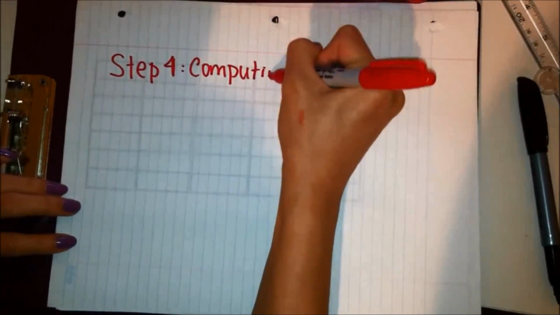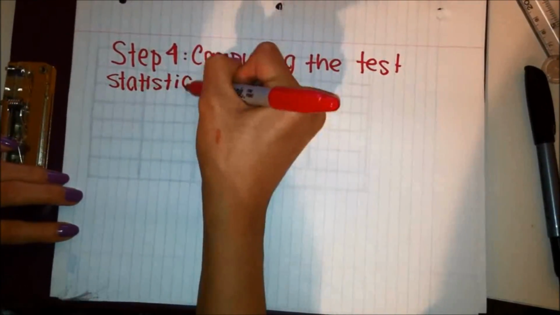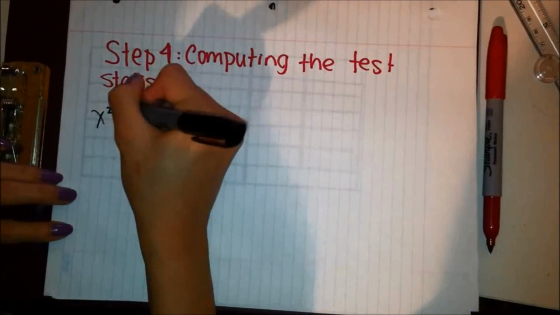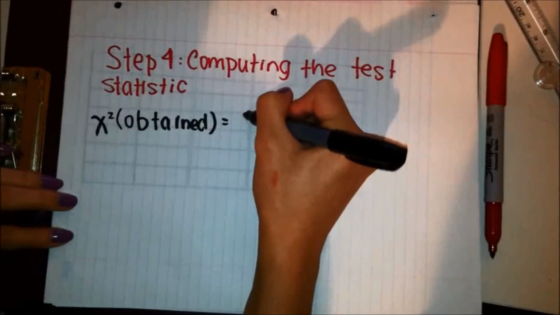Step 4. Compute the test statistic. In order to complete this step, we need to determine the expected frequencies. Then, the easiest way to calculate the value for chi-square is to create a table that determines the chi-square obtained.